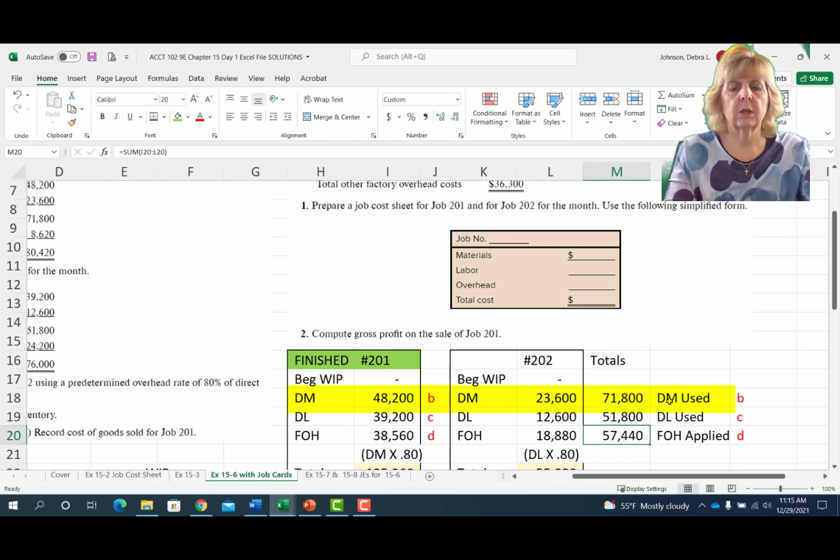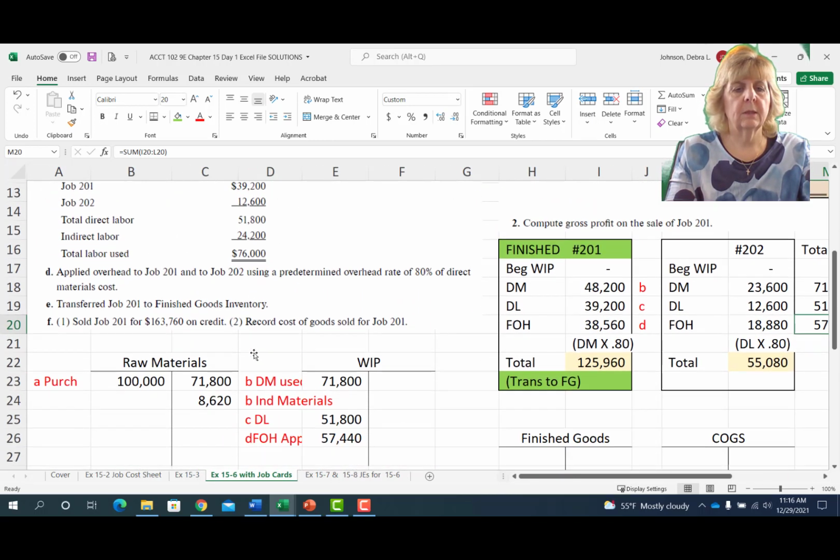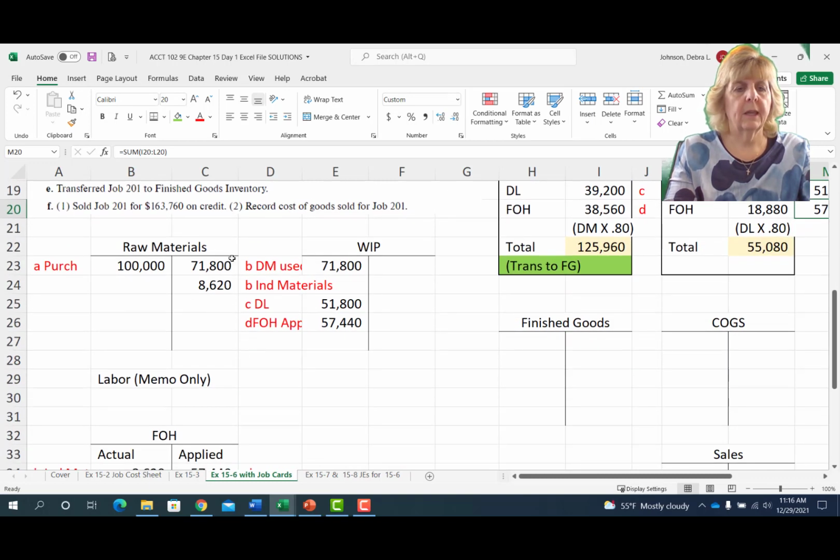When direct materials are charged to jobs, they come out of the materials account and they are charged directly to WIP. So let me go show you that movement down here. They came out of materials and they got charged to WIP.